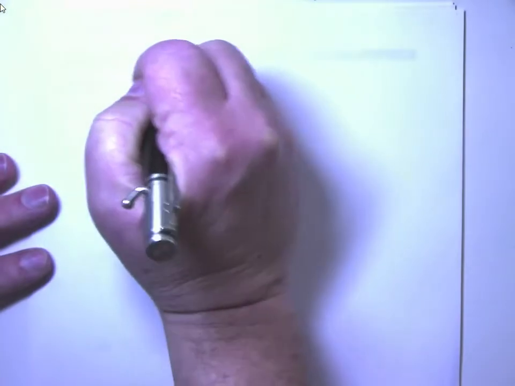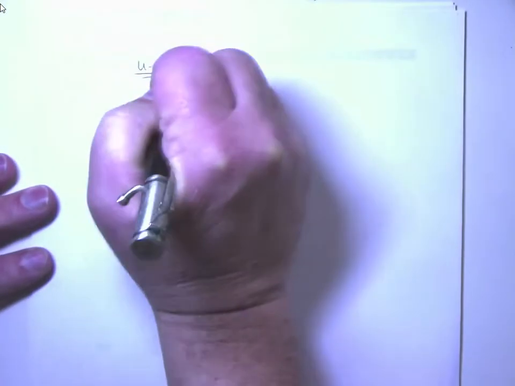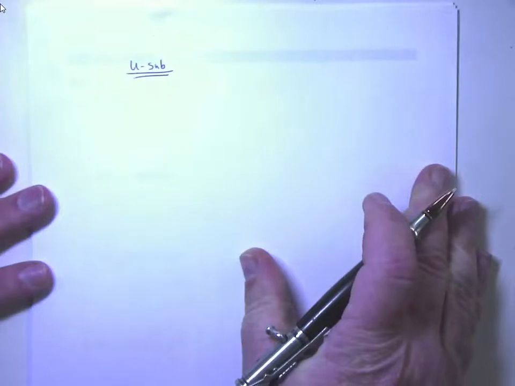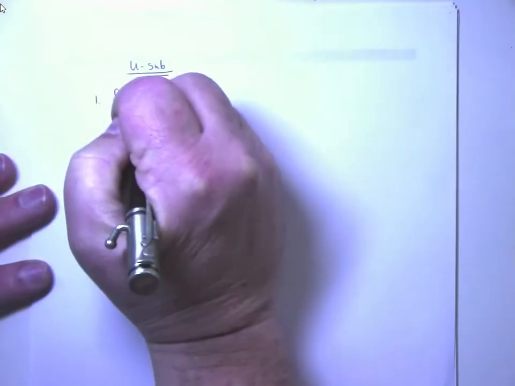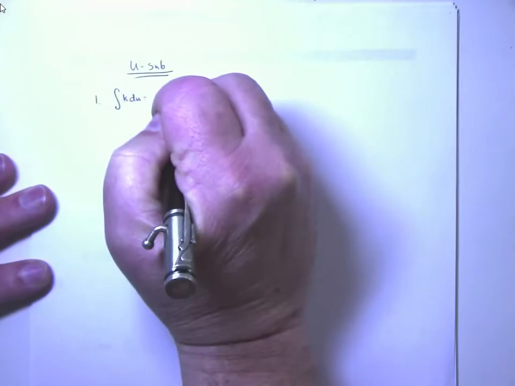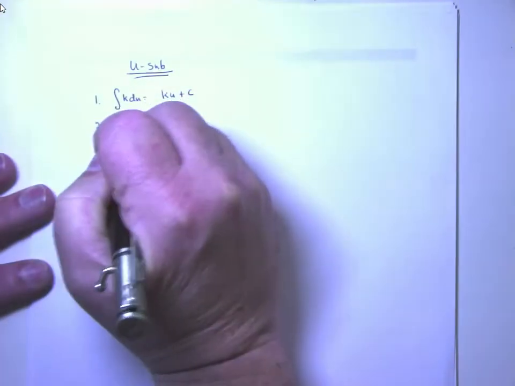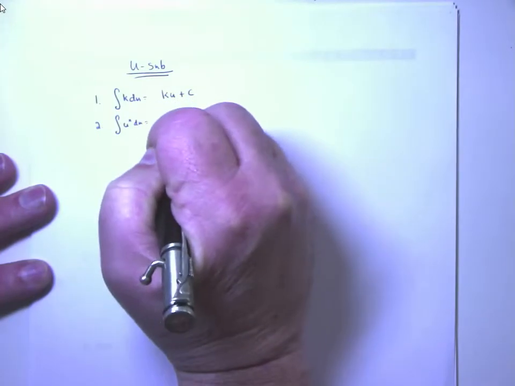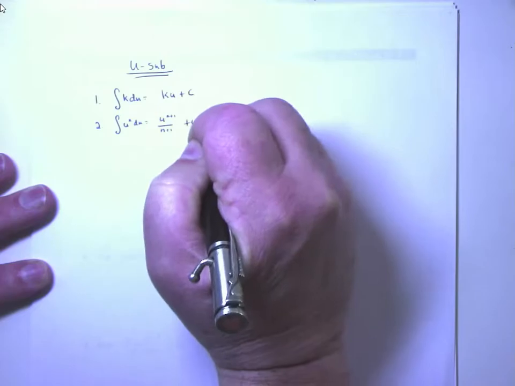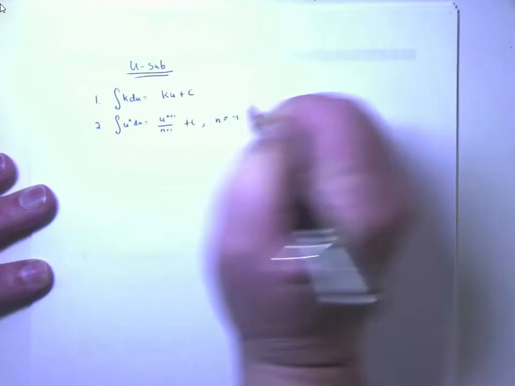So first off, these are the U-sub formulas. It's the same formulas you have memorized, just rewritten. Number 1, the integral of a constant du is equal to a constant times u plus c. Rule number 2, the integral of u to the n du is equal to u to the n plus 1 over n plus 1 plus c, provided n does not equal negative 1.